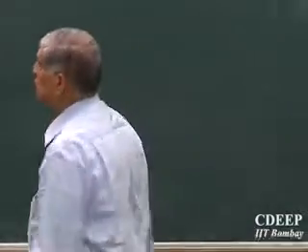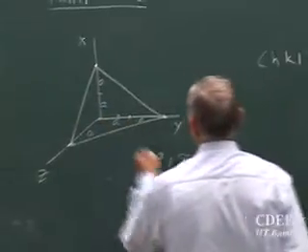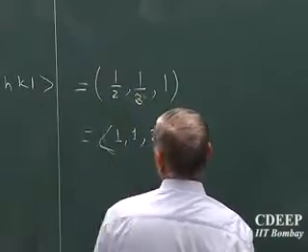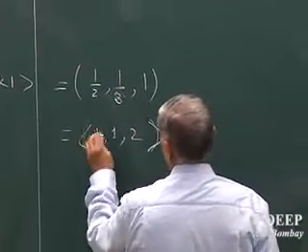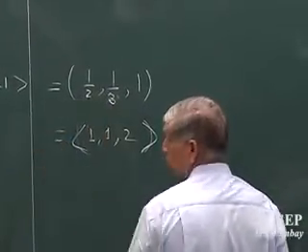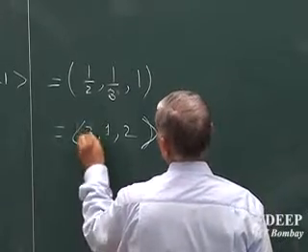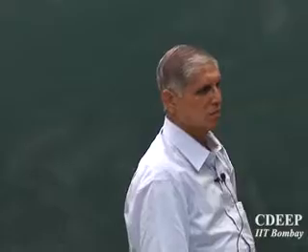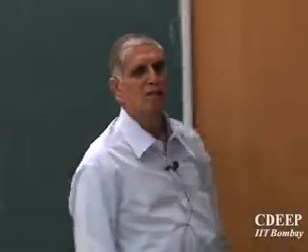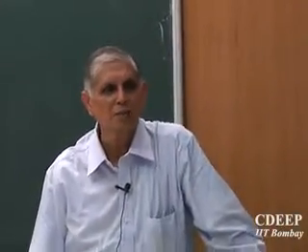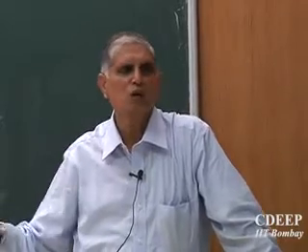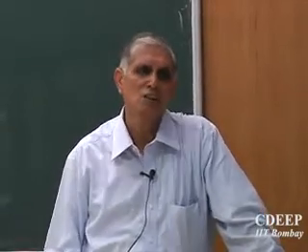If this had been 3a, for the heck of it, then this would have become 1/3, and then it would have become 3, 2, 6. Is that okay? If one of them had been 3a, you would get these new indices. So this is how you can evaluate the indices of any plane.